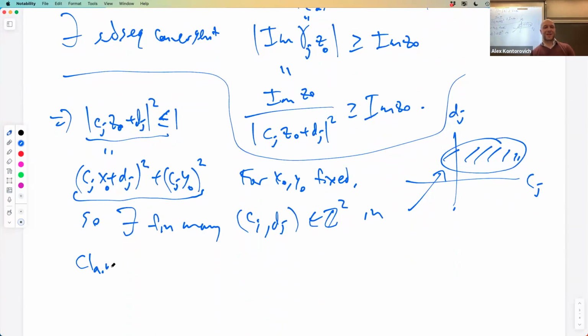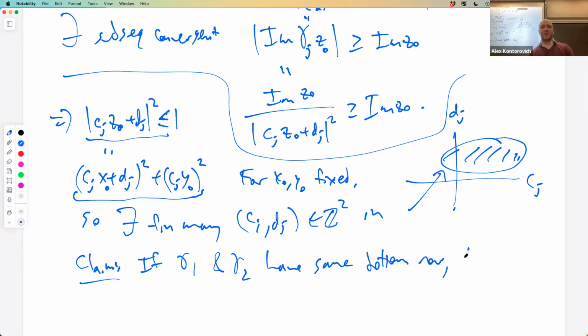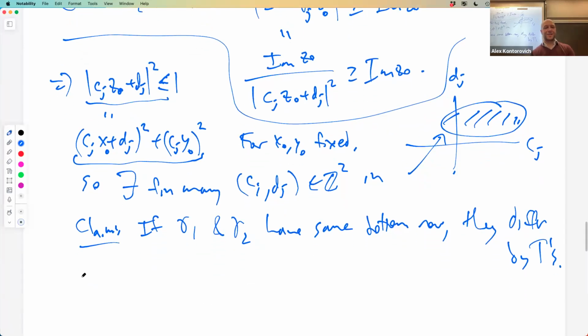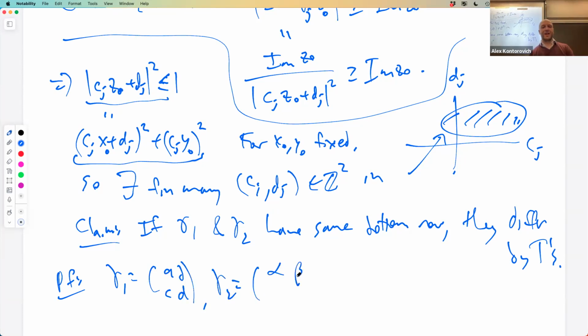My claim is that if gamma 1 and gamma 2 have the same bottom row, they differ by T's, by translations. Why is that? This is very easy to see. If gamma 1 is equal to A, B, C, D, and gamma 2 is equal to, let's say, alpha, beta, same C, same D, so they have the same bottom row.